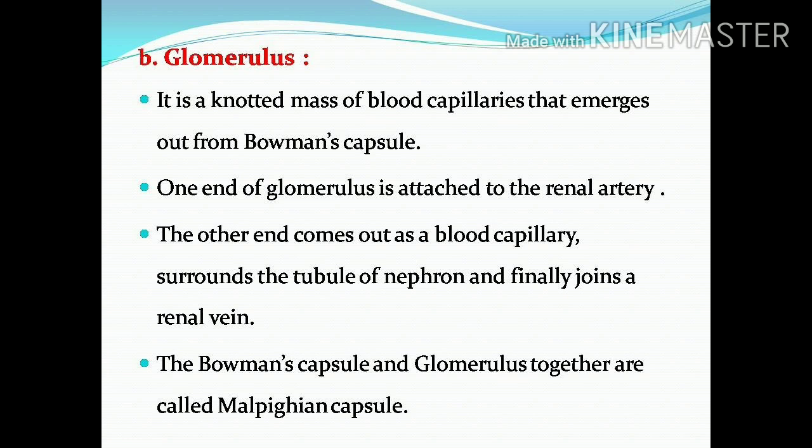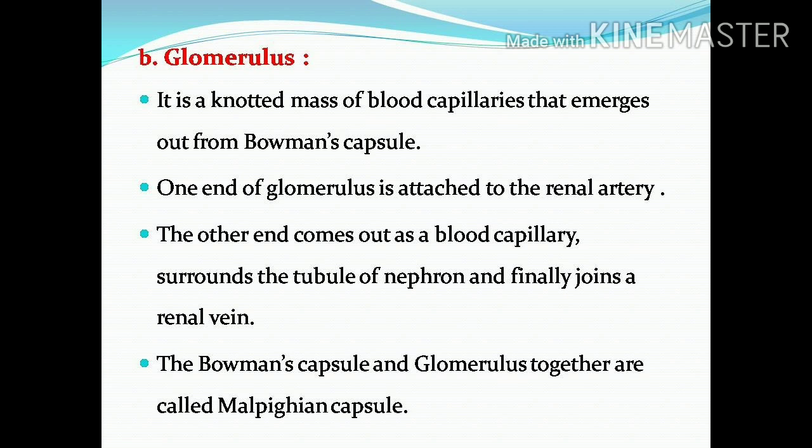One end of the glomerulus is attached to the renal artery, which brings the oxygenated blood to the kidney, and at the other end it comes out as a blood capillary. This blood capillary surrounds the tubule of the nephron and finally joins the renal vein.